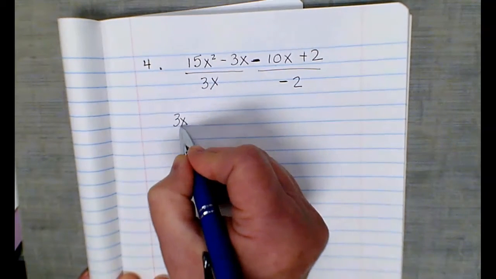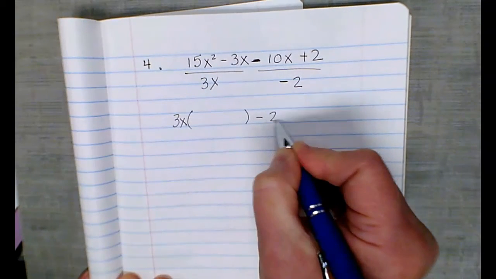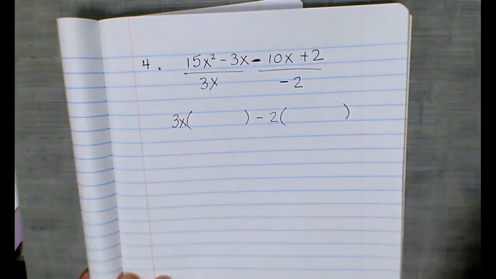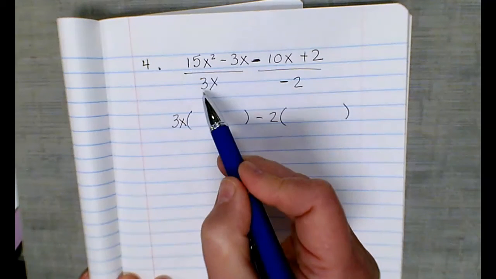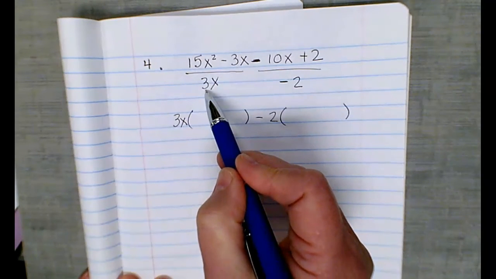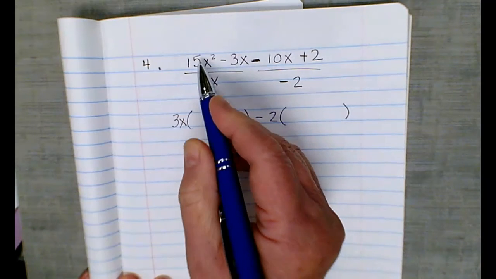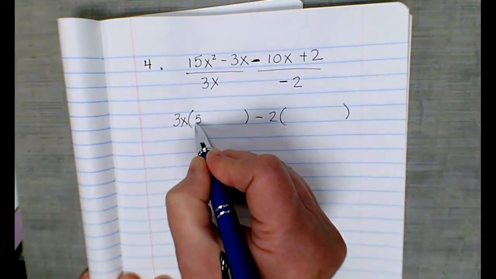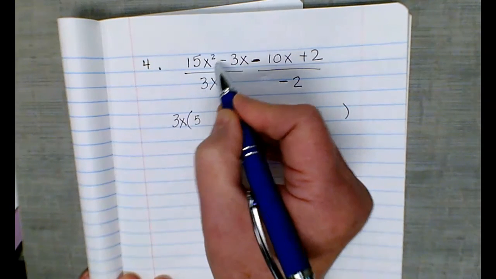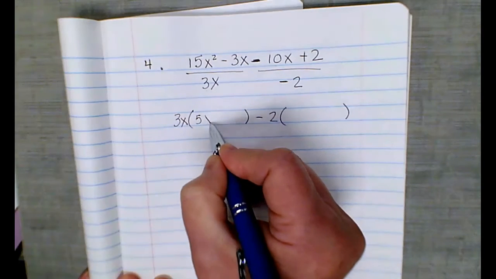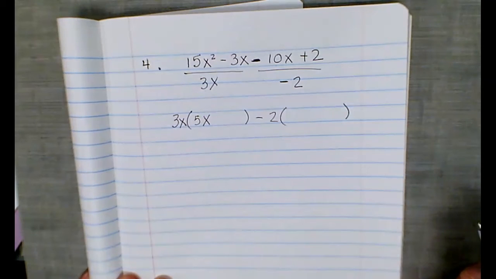So I'm going to factor out, what's 15 divided by 3? 5. And not squared, because the x squared is going to cancel one of those, and so it's just going to be 5x.